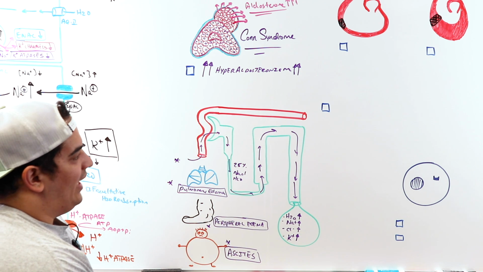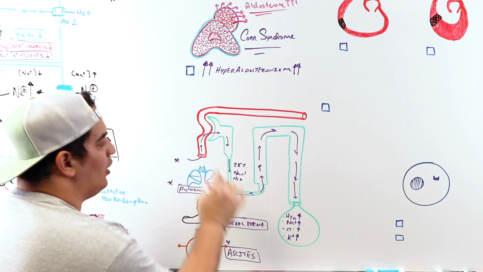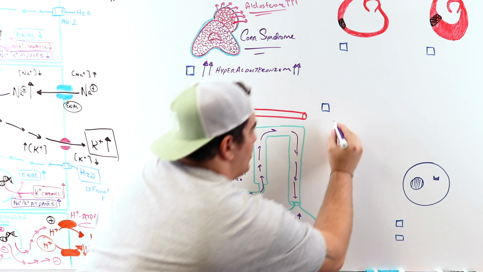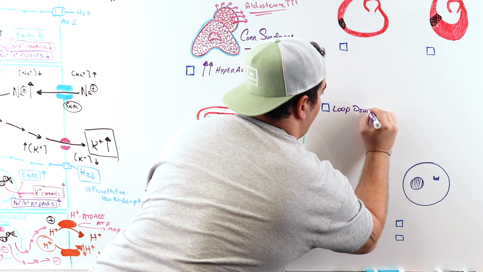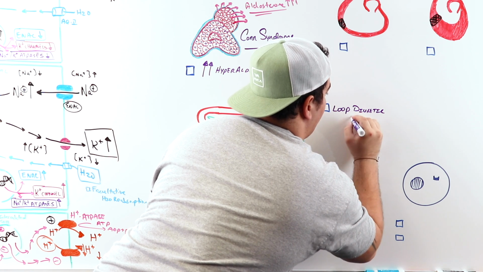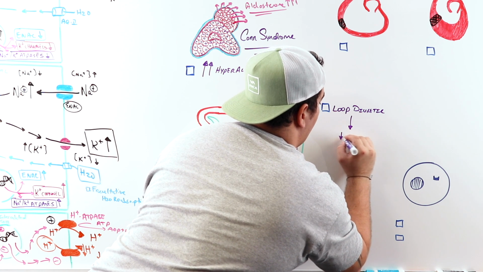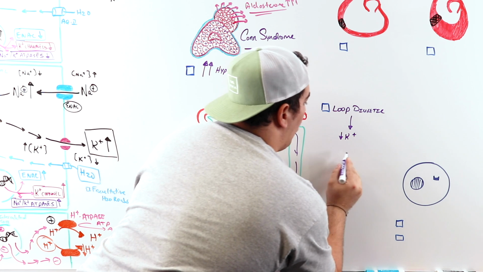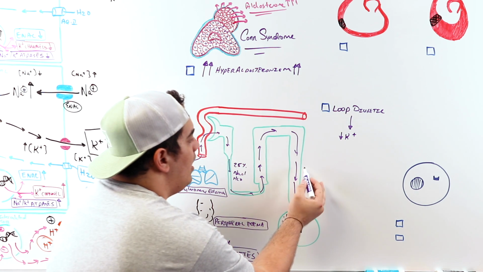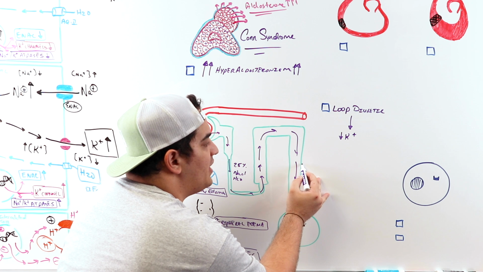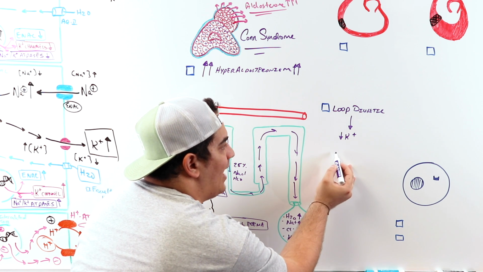So wouldn't it be great whenever you're giving somebody a loop diuretic, we said that this can cause hypokalemia. What if we give a particular drug class that would basically decrease the excretion of potassium?